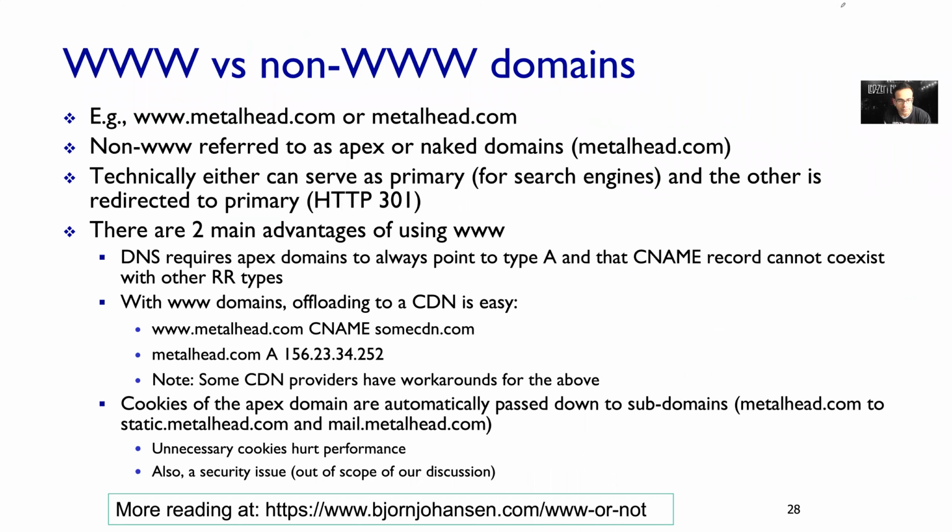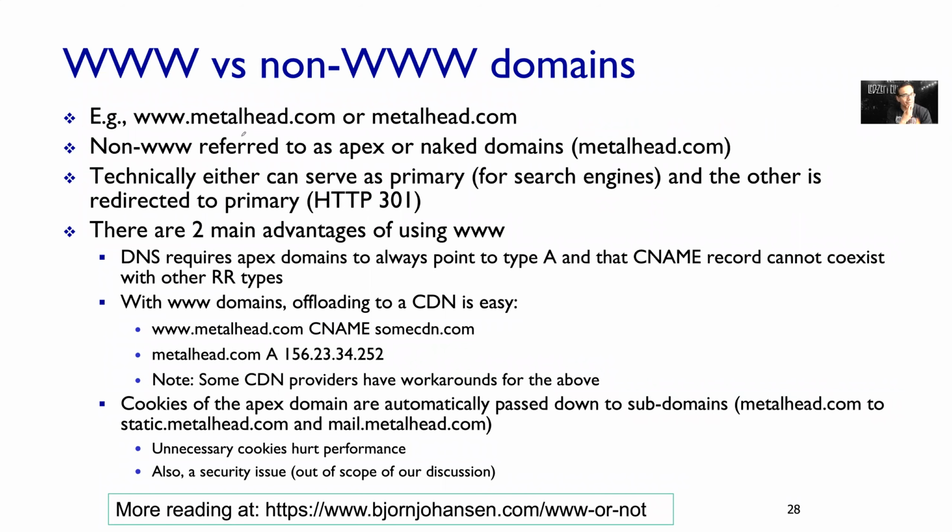Okay, one point. This is again something that comes up, www versus non-www domains, right? So basically you have, say, a domain, let's say metalheads.com. Now the question is, how do you manage the hosting for this, right?